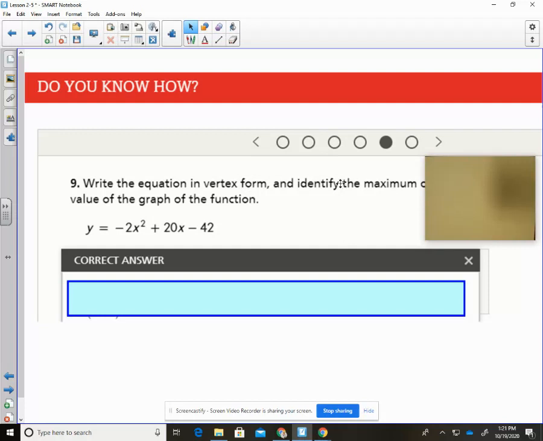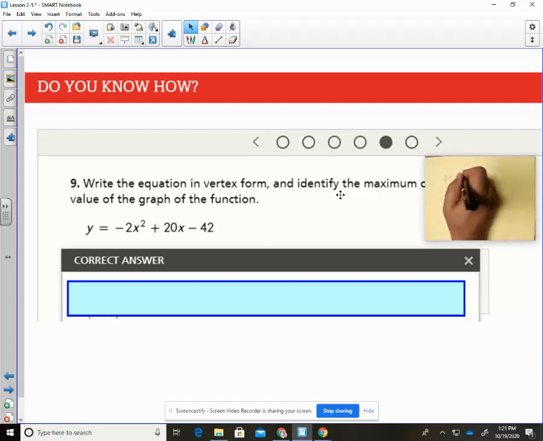Write the equation in vertex form and identify the maximum or minimum value of the graph. So, excuse me, we're going to take this, and we're not going to divide by 2 because we'd have to divide the y by 2. Okay.